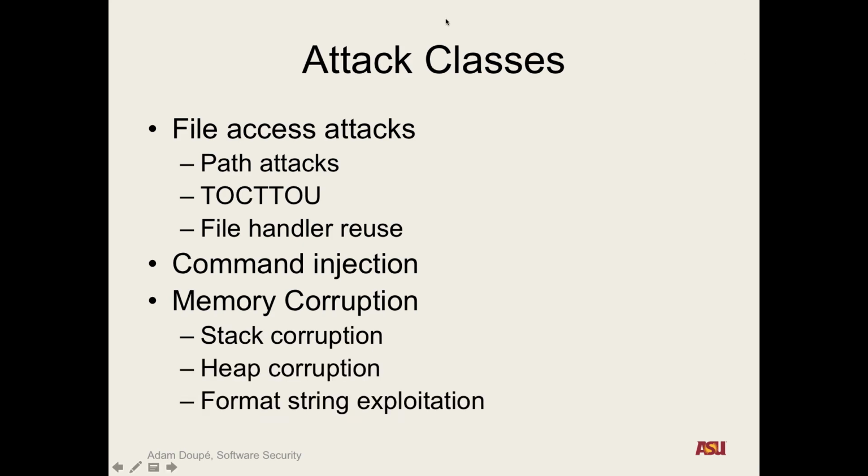These are all still incredibly prevalent, even in completely different domains. For instance, command injection is still incredibly popular on the web. And memory corruption, even though we've known about these vulnerabilities, and the Morris worm was what, 30 years ago, 25 years ago?